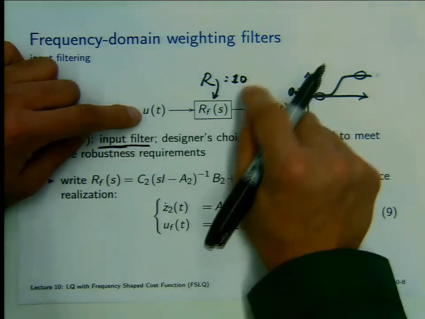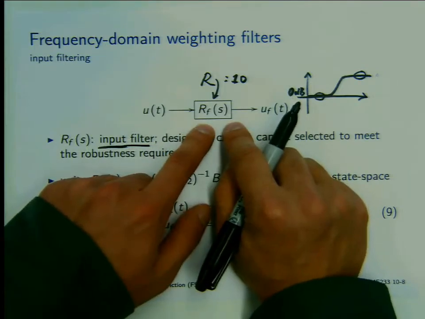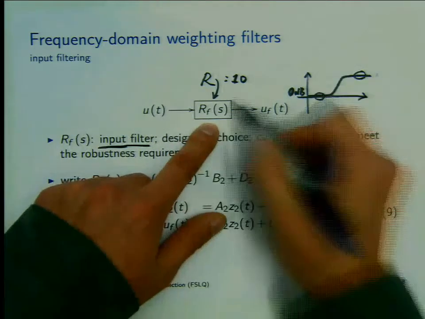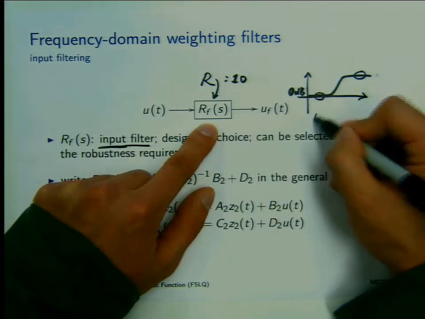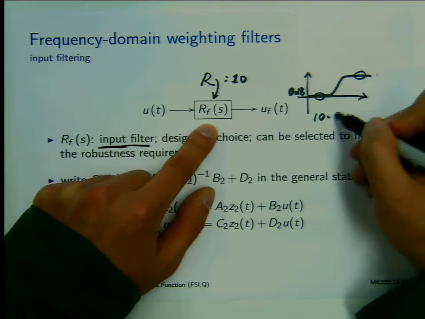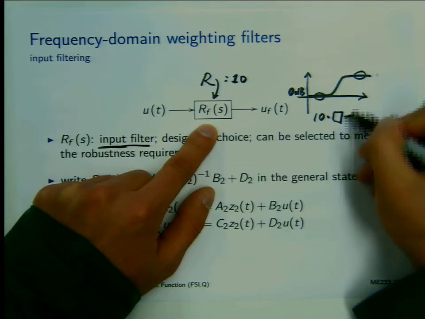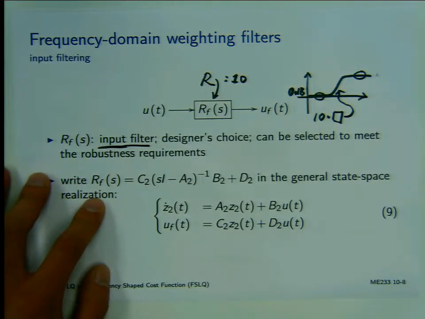How do you go from this 10 design to something that's more flexible? What I said is one way to do this is to make this RF to be 10 times something that looks like this. That's all I'm saying. Make sense?